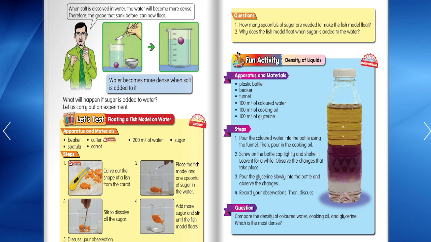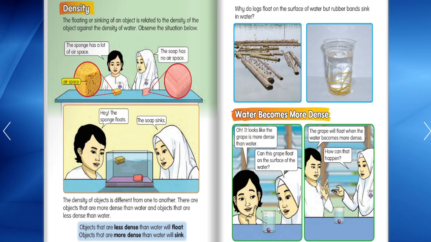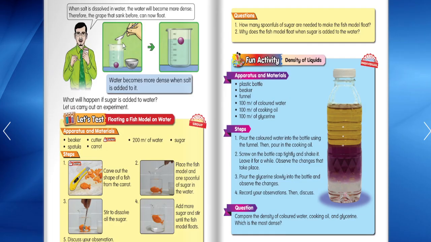When salt is dissolved in water, water will become more dense, right? Without salt, the grape sinks. But if they add salt to the water, the water will become dense. Now the water becomes more dense, so the grape starts floating.